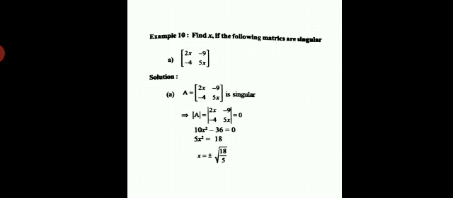Now shift minus 36 to that side, and both numbers are divisible by 2. Divide it first. 2 5s are 10, x square is equal to 2 18s are 36. Then x square is equal to plus or minus, divide both sides by 5 and take the square root, you will get the value of x.